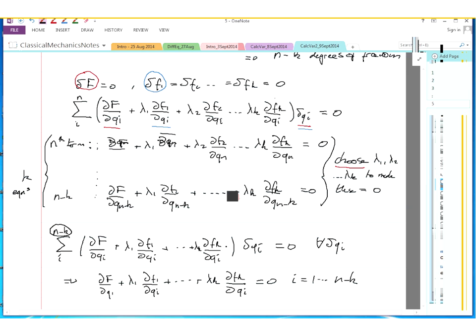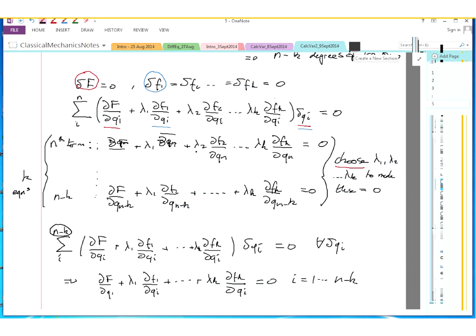And if you compare the equations, the k equations that we use to set the lambdas, that got all garbled up here, those are in fact the same as the equations for i equals 1 to n minus k. And that's the whole point of the Lagrange multipliers, that you get the same set of equations.